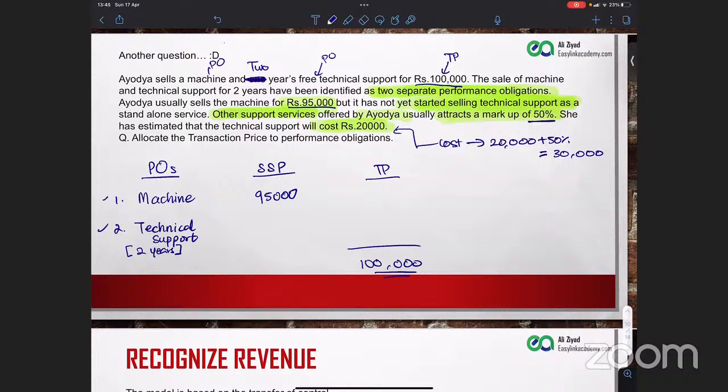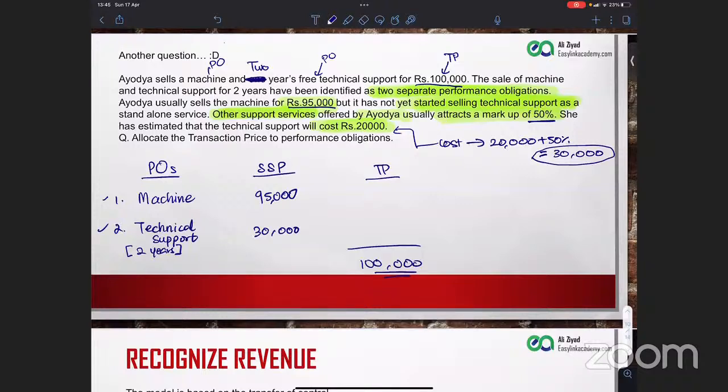Now, for technical support, if she were to sell it separately, what would have been the standalone selling price? 30,000. That's right, guys.